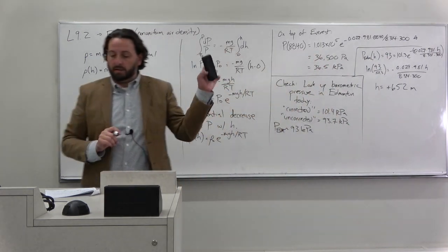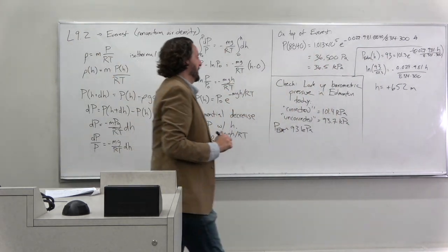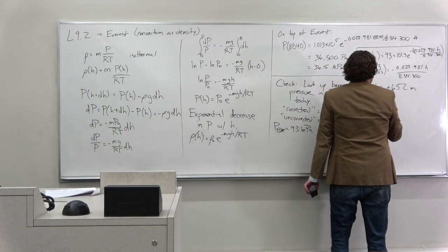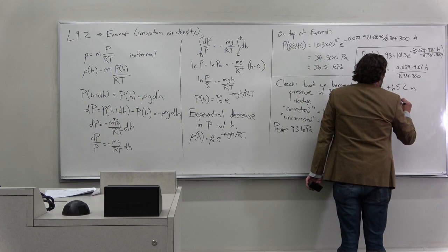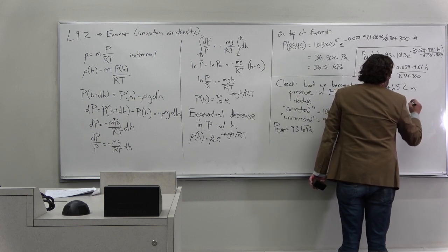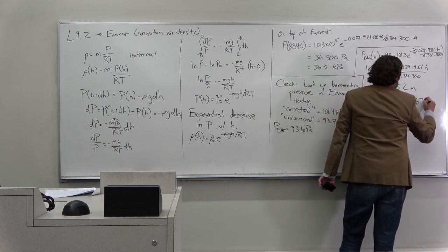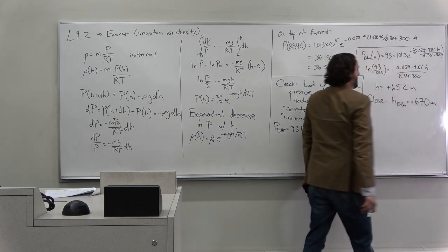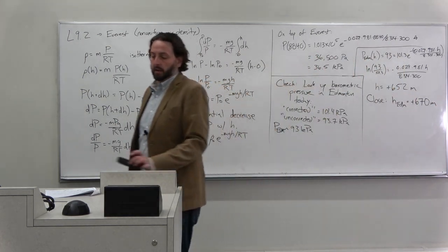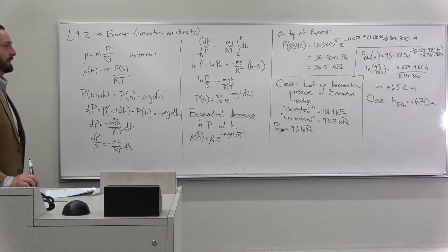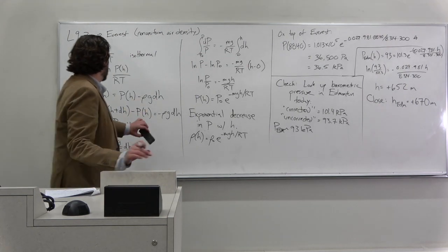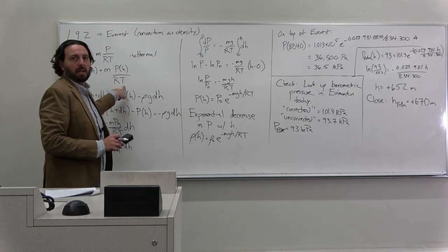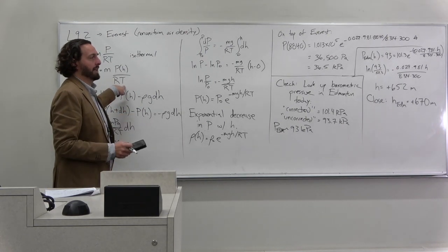That this is the altitude of Edmonton, and in reality, this is very close. So H Edmonton is about 670 meters above sea level. Very, very close answer. Okay, so this assumption of uniform temperature has gotten us quite close to the right answer, right?